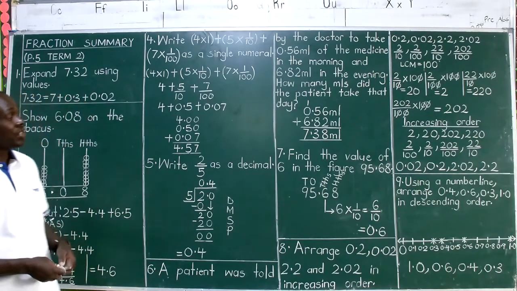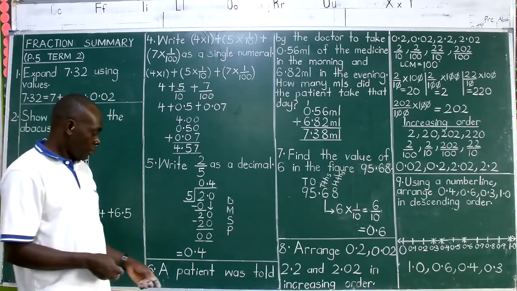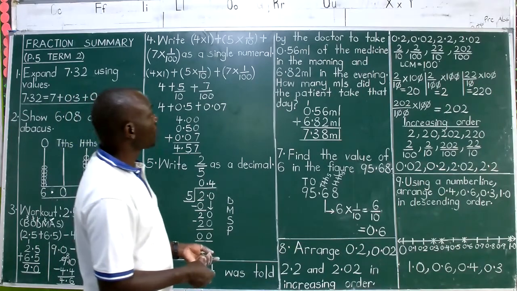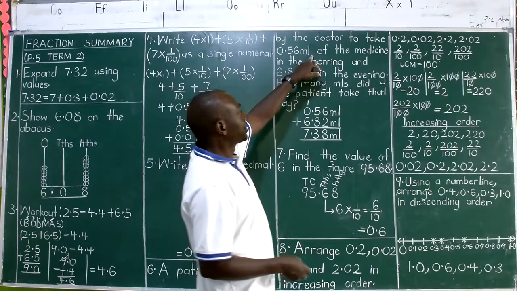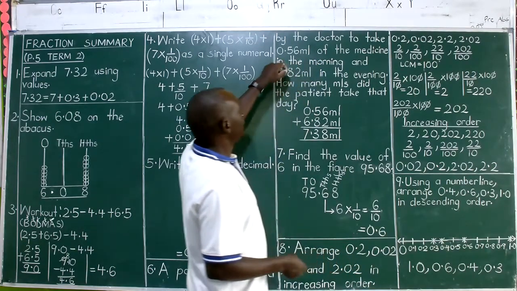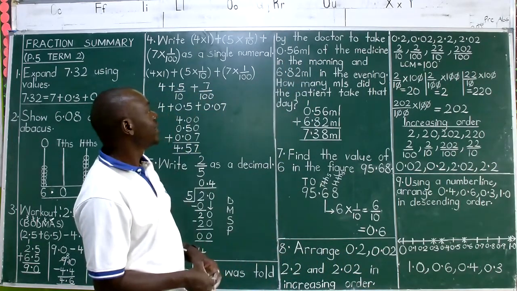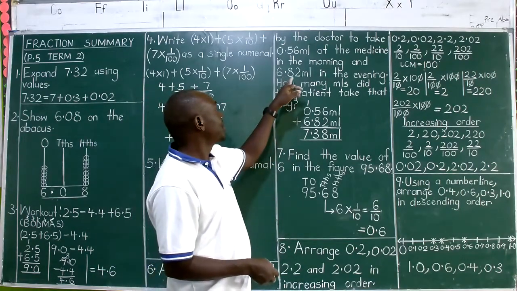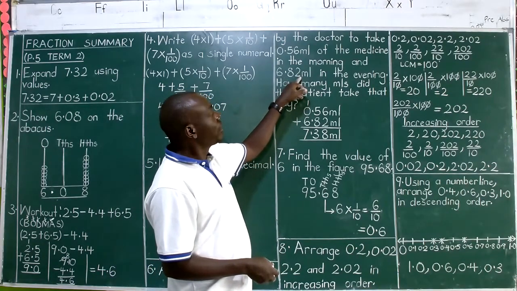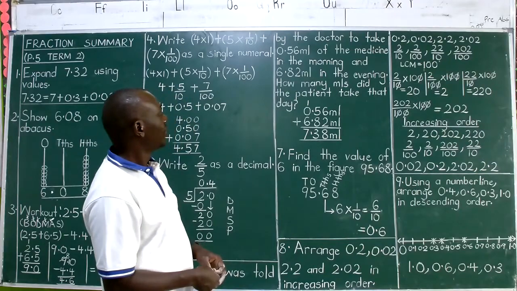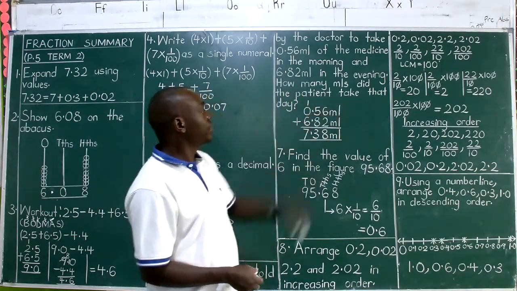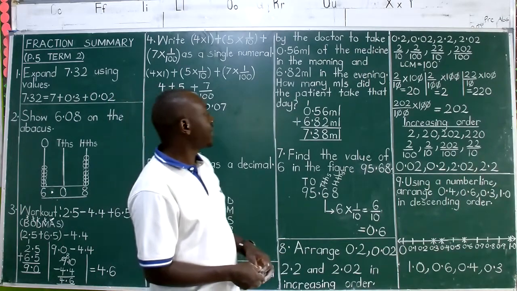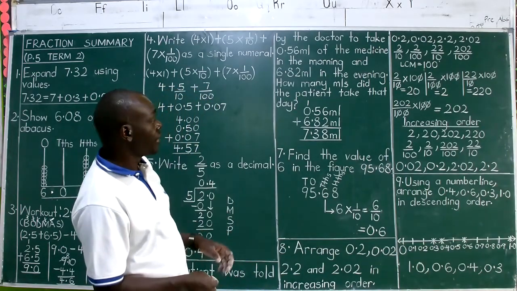As we look at example number 6 for today, which reads: a patient was told by the doctor to take 0.56 mils of the medicine in the morning and 6.82 mils, or milliliters, in the evening. Then the question is, how many milliliters did the patient take that day? That's morning and evening combined.